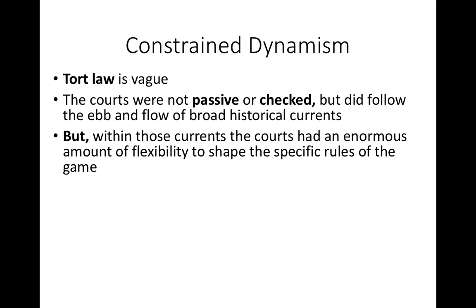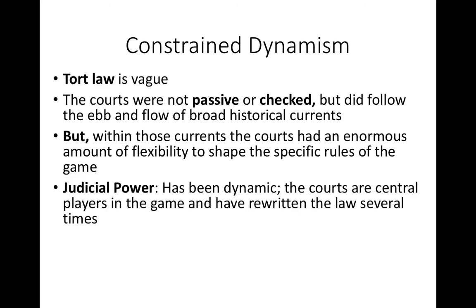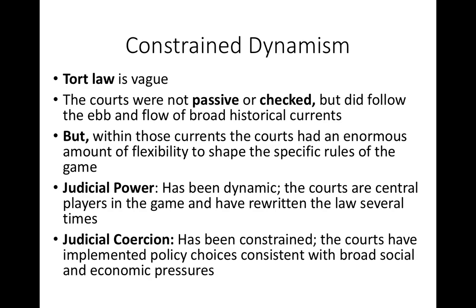But within those currents, the courts had a really enormous amount of flexibility to shape the specific rules of the game. And so the argument goes that judicial power was quite dynamic. The courts are very central players in the injury compensation game and have rewritten the law several times, thus making policy. But judicial coercion is a bit of a different story.